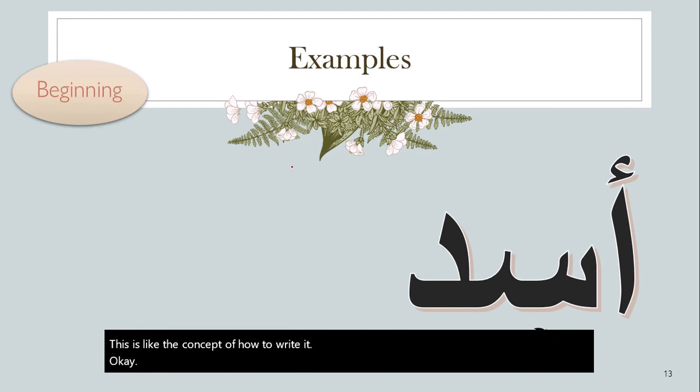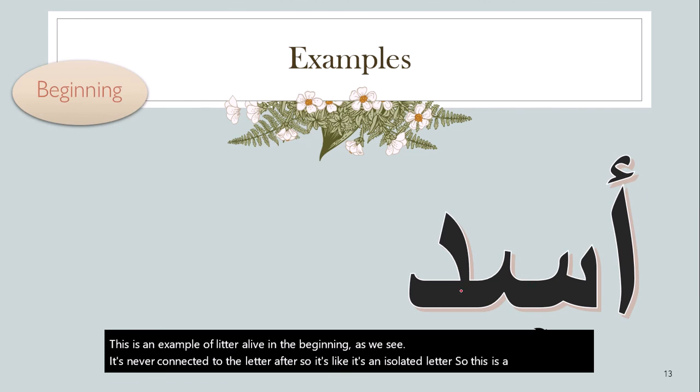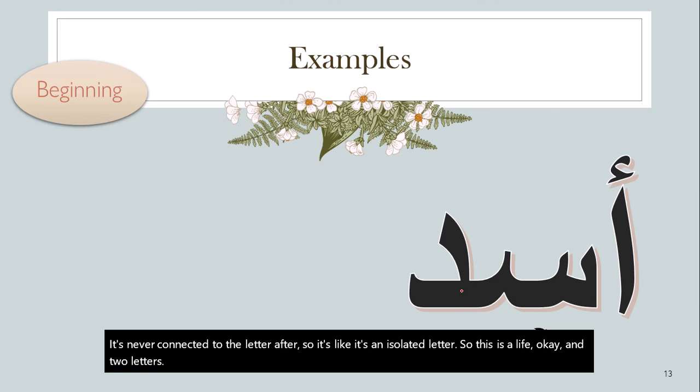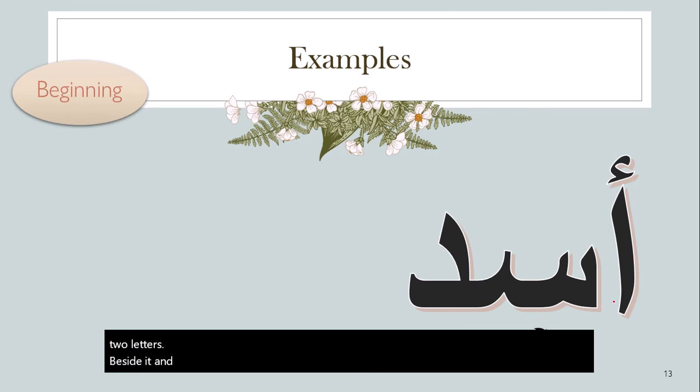So here we will have some examples. This is an example of letter Alif in the beginning. As we see, it's never connected to the letter after, so it's like an isolated letter. Two letters beside it, and it's not connected to the letter after.